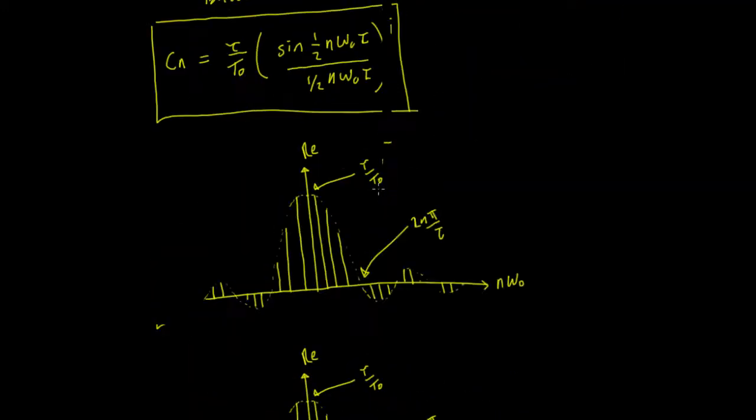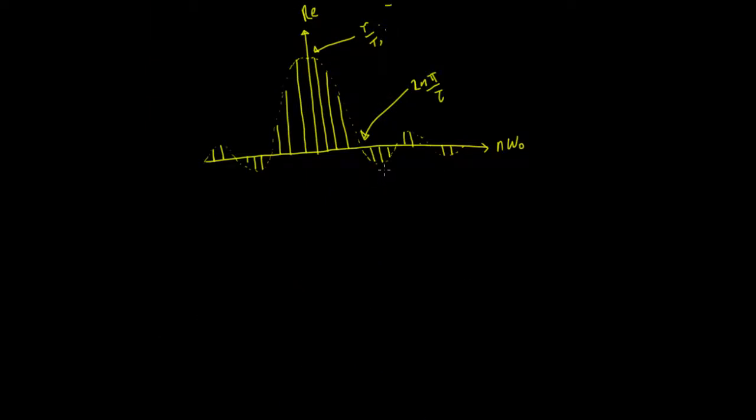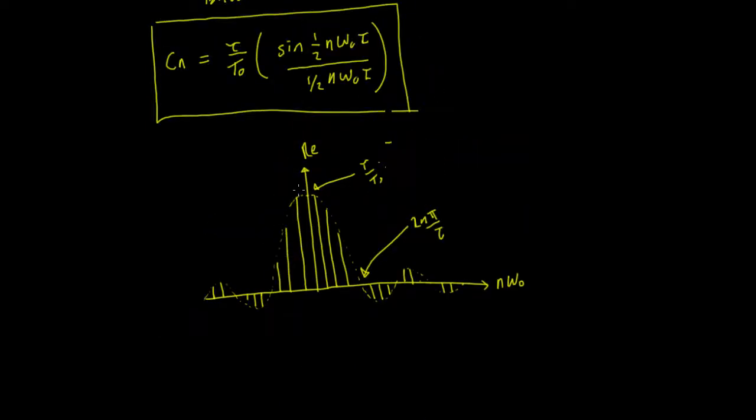So whenever we find the Fourier series representation of it, the representation is no longer continuous, it's discrete. And it's also an even function.